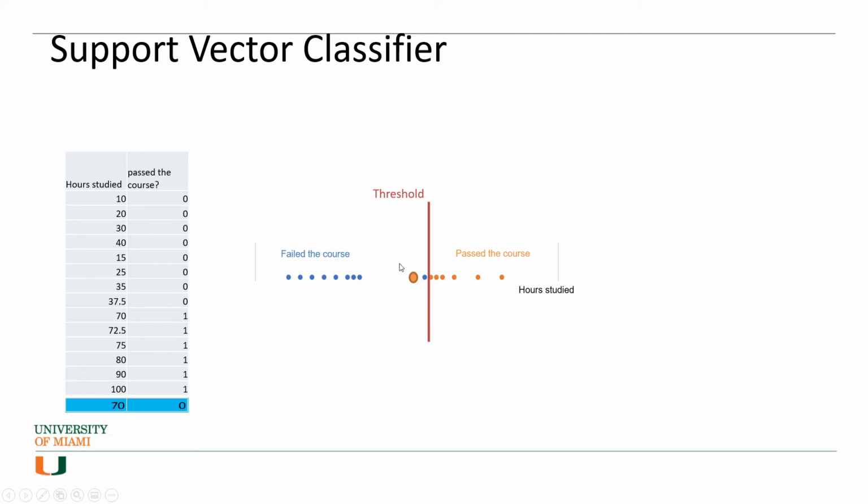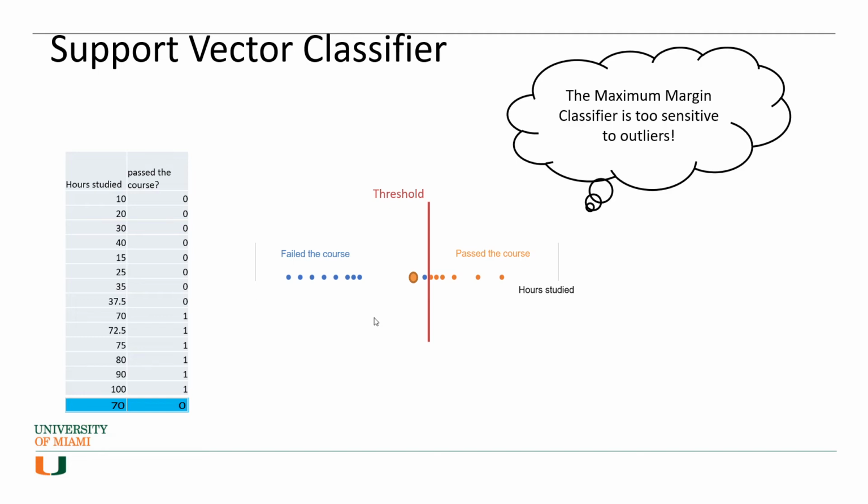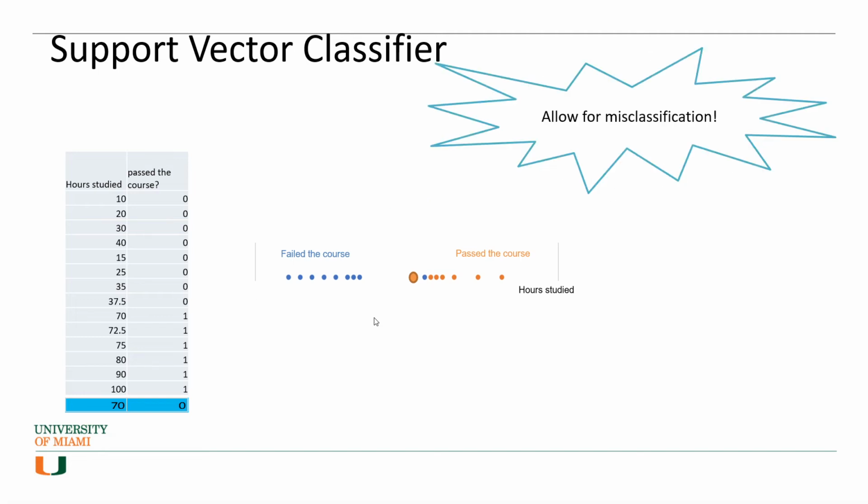Why? Because the value is to the left of the threshold. Therefore, the classifier is going to say that this observation belongs to the group of failed students. And it is basically doing a wrong classification.